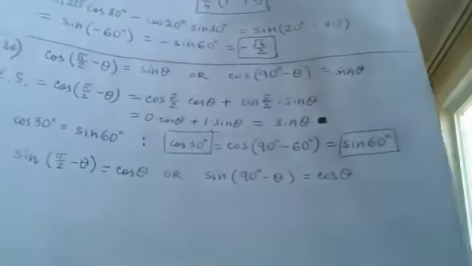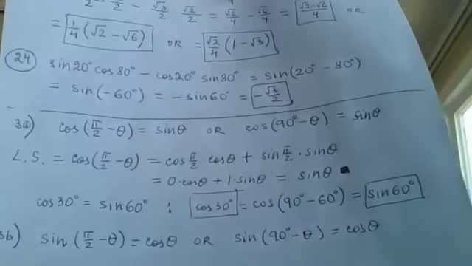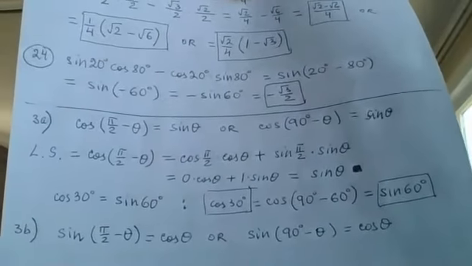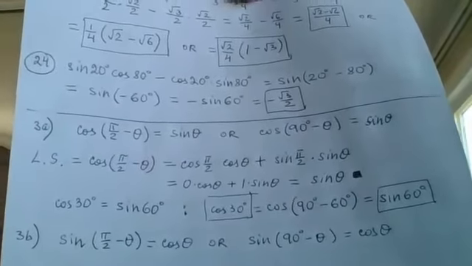Or again, I can write this with degrees: sine of 90 degrees minus theta equals cosine theta. And I'm going to prove it. And after that, we will have a break and we'll continue after the break later.